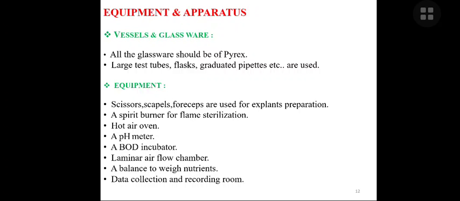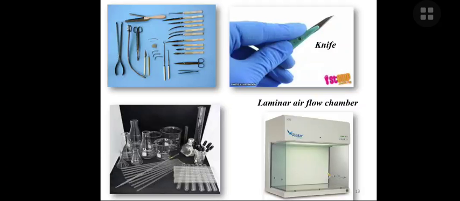Then a hot air oven, a pH meter, a BOD incubator, a laminar airflow chamber, that is for a completely sterilized environment, a balance to weigh the nutrients, data collection and a recording room. So these are the instruments that are used for tissue culture. These are the instruments on the left here.